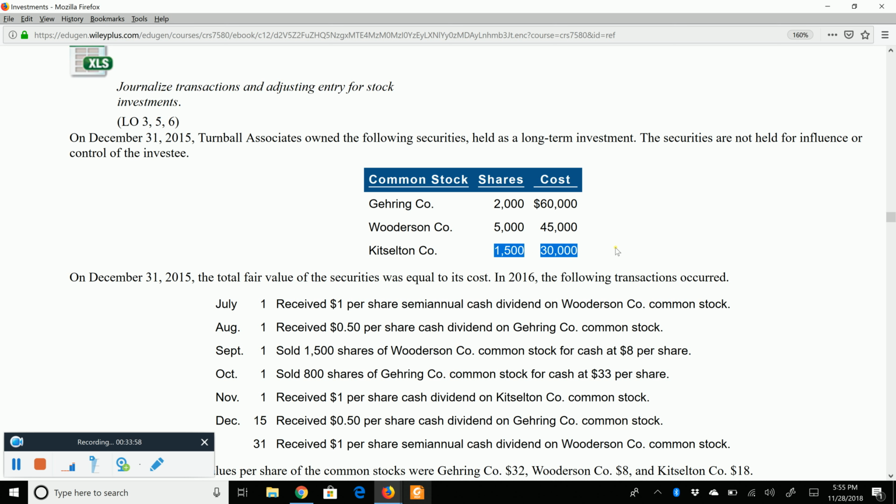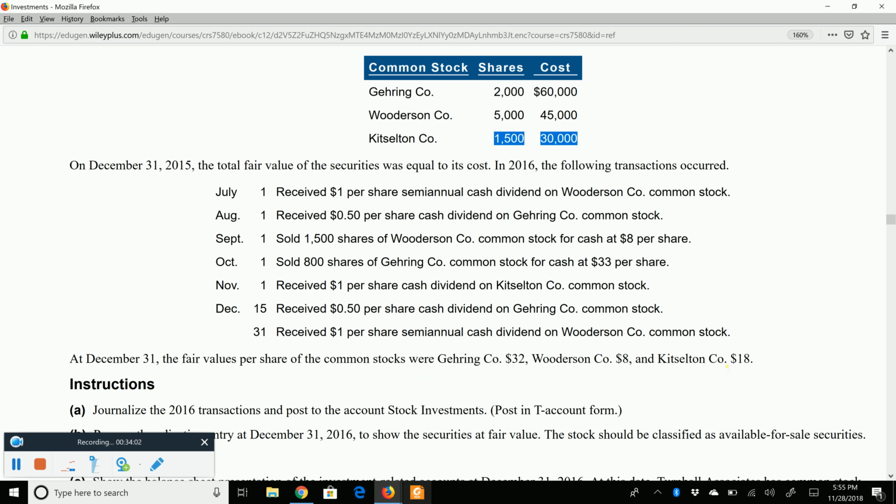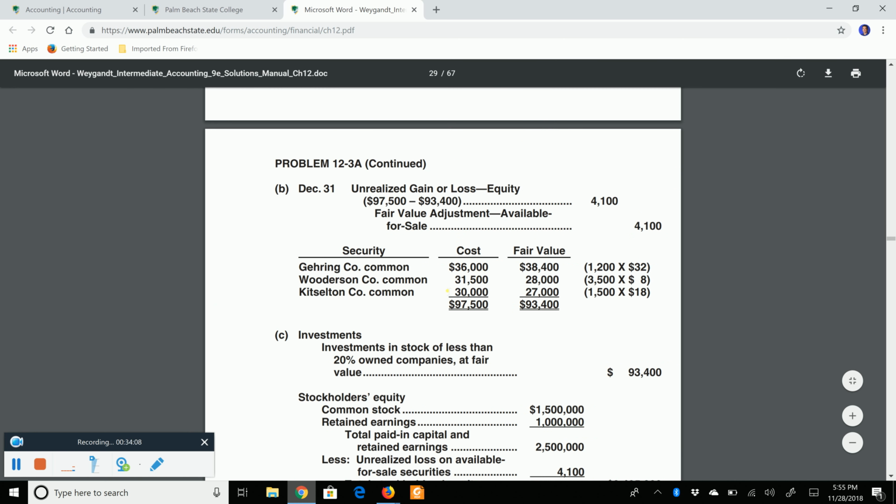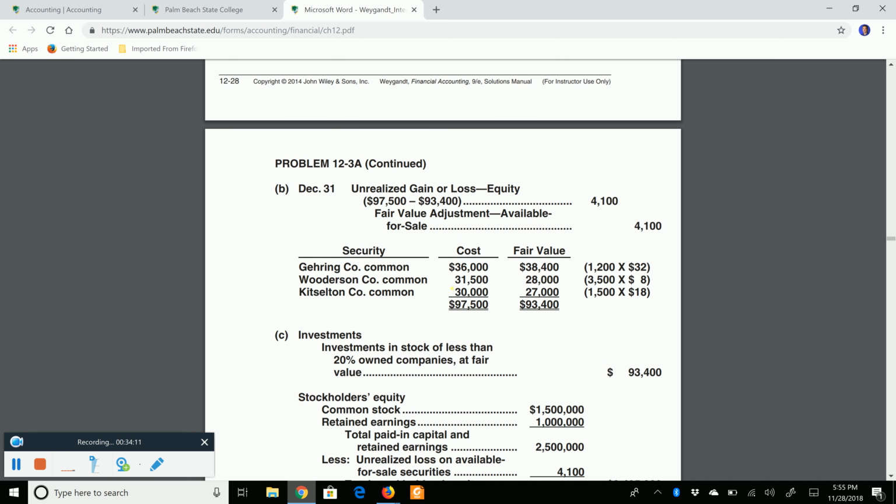My math tells me that the original stock price was 20. And what is the market value at the end of the year? 18. All right, so what we're going to do is at the end of the year, we're going to put together a table. In one column, you're going to have the original cost, and the next column, you're going to have the fair values at the end of the year.